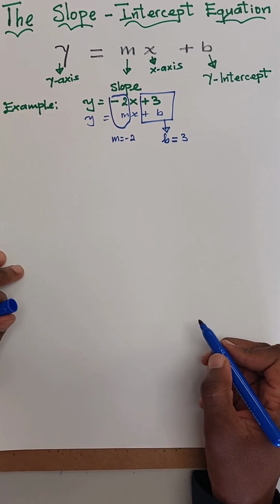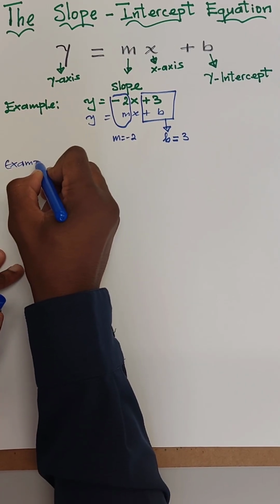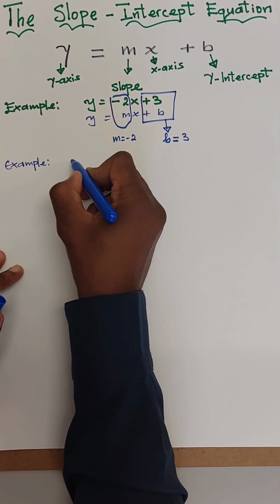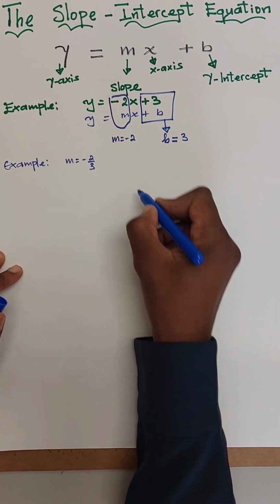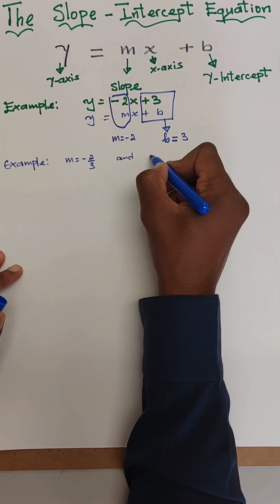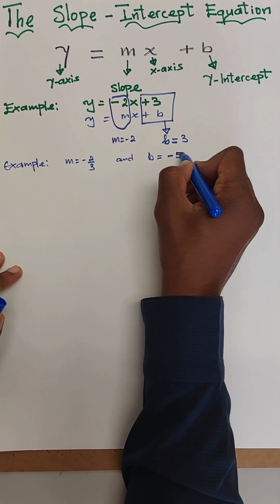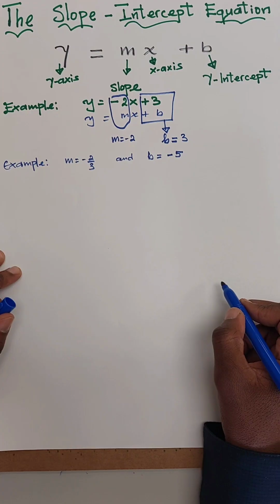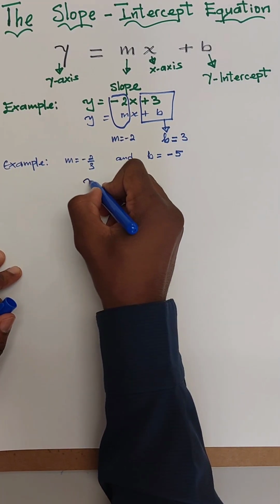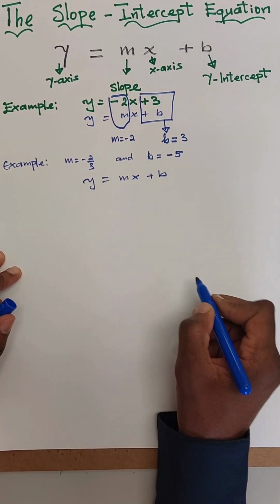Conversely, if we have a slope of negative 2 over 3 given, and a y-intercept of negative 5 given, we can write the slope-intercept equation as y equals mx plus b.